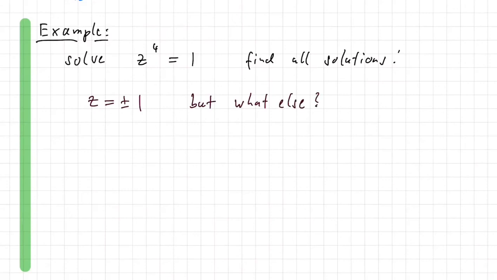For that, it's again nice to do things systematically, by defining z equals e to the I phi. I already know from this equation that the absolute value of z should be 1, so I already put that in here.